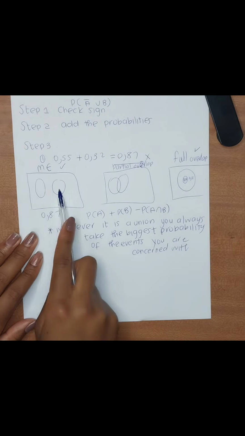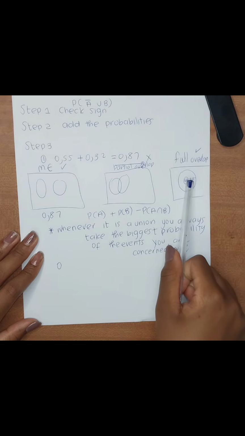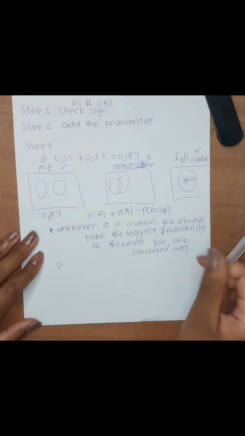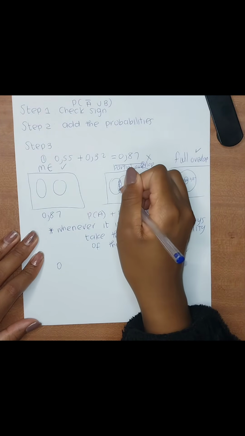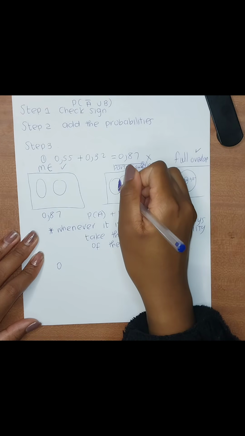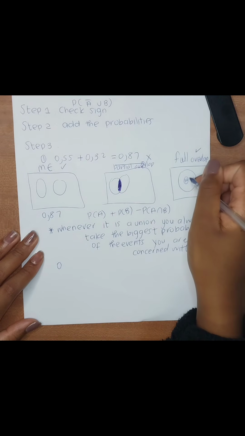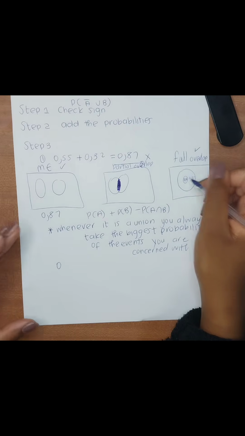From this, there's no intersection, meaning that my minimum is going to be 0 and my maximum is going to be what is inside, because the AND, remember with the partial overlap, the AND was the smallest thing we had here, which is what we have of A and what we have of B, right? So the intersection makes sense for the intersection to be the smallest probability.